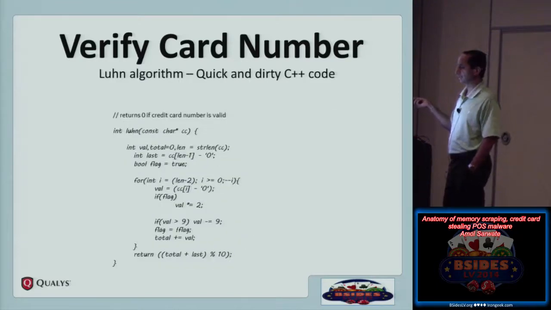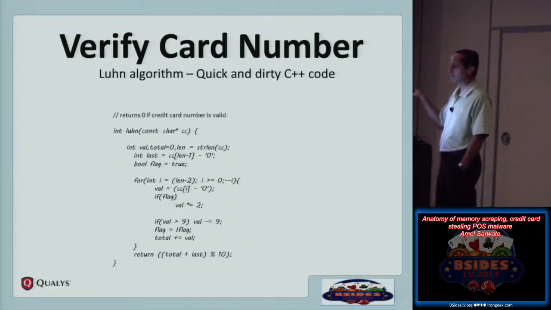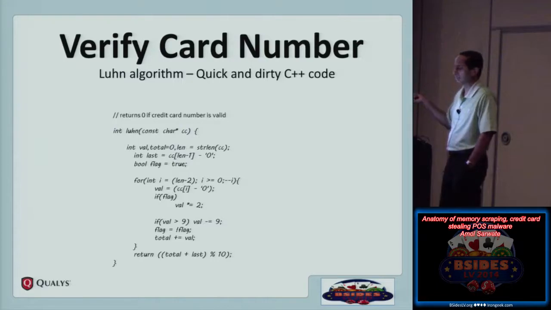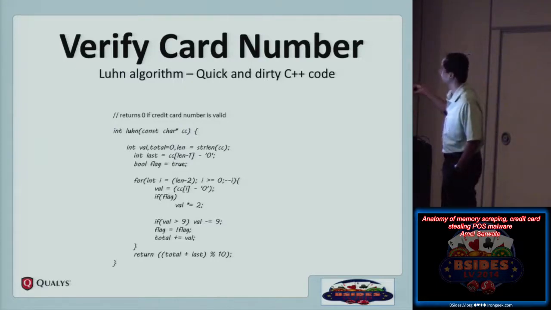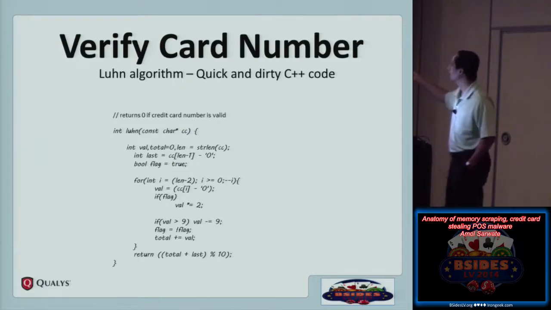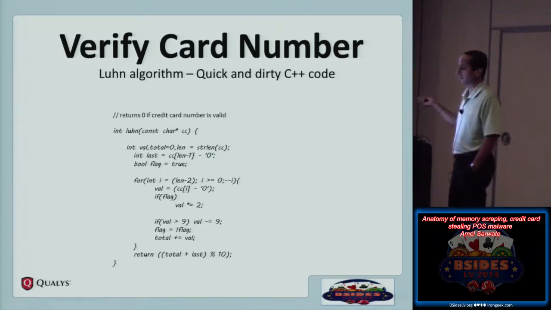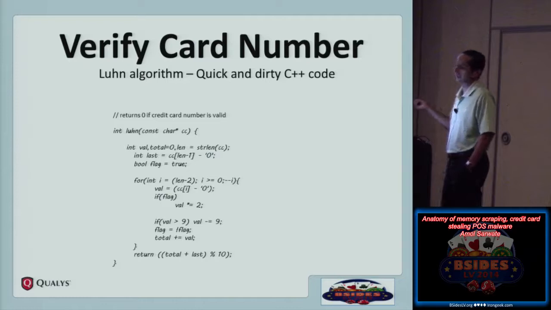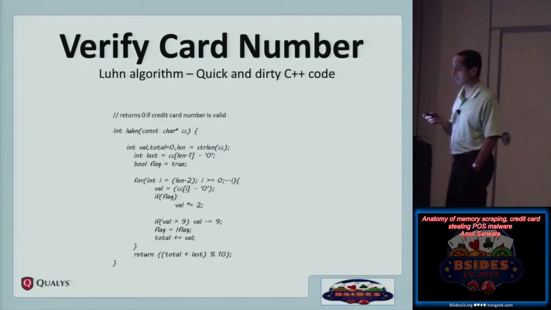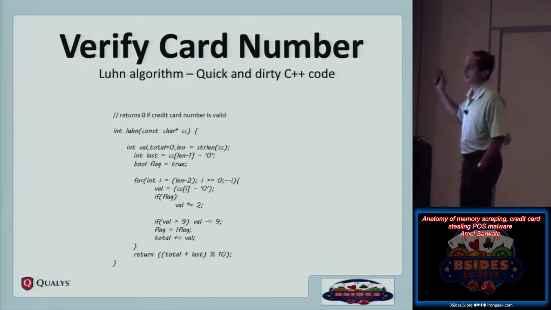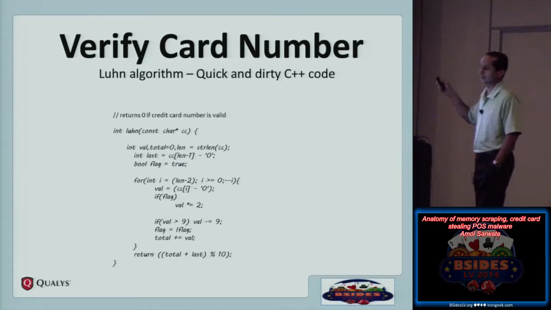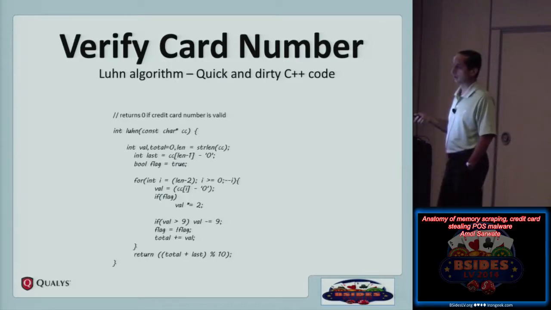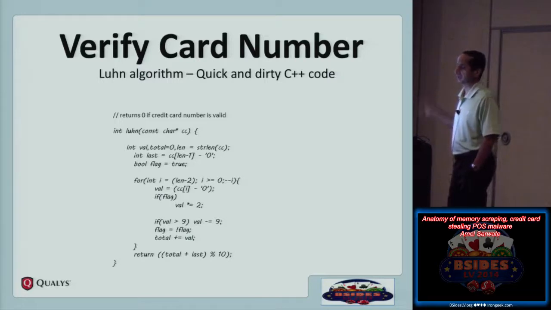This is a C code that I wrote, and literally it's just a few lines of code. You can literally type this in your C compiler. It will compile and it will tell you if a credit card number is valid or not. And there are again 1,000 different ways of doing this. I'm pretty sure a lot of you can optimize it more, but this is a bare bone code that will work.